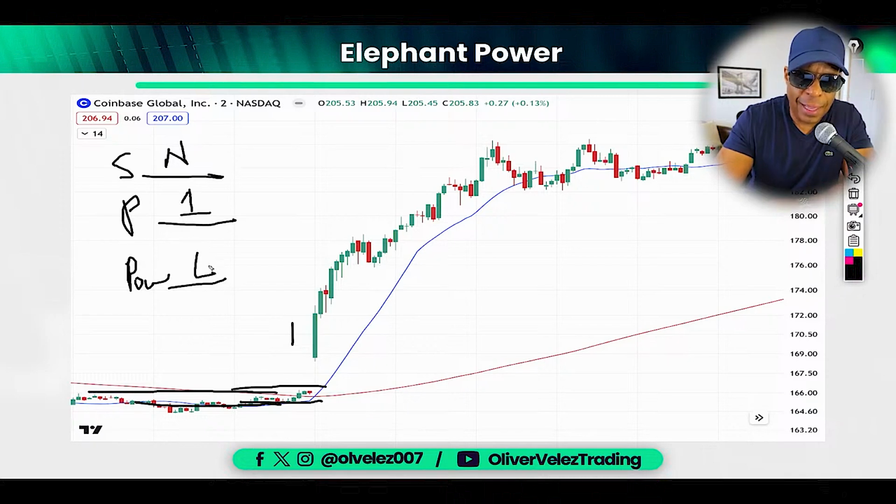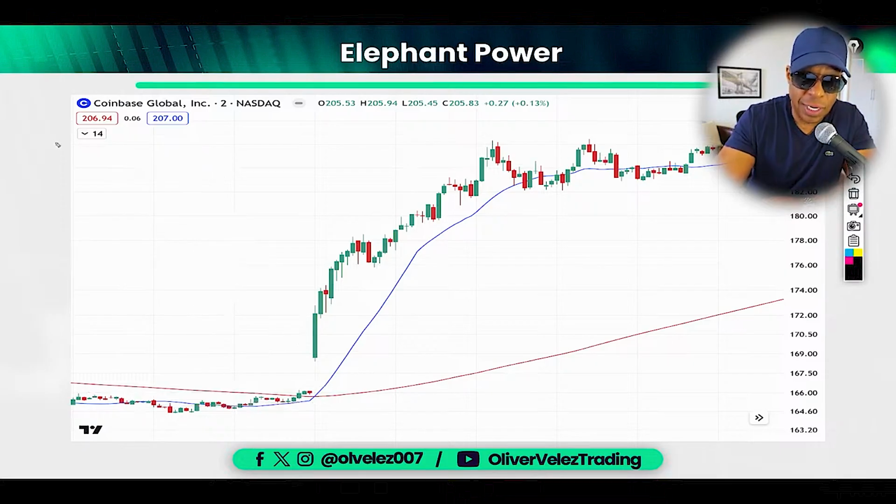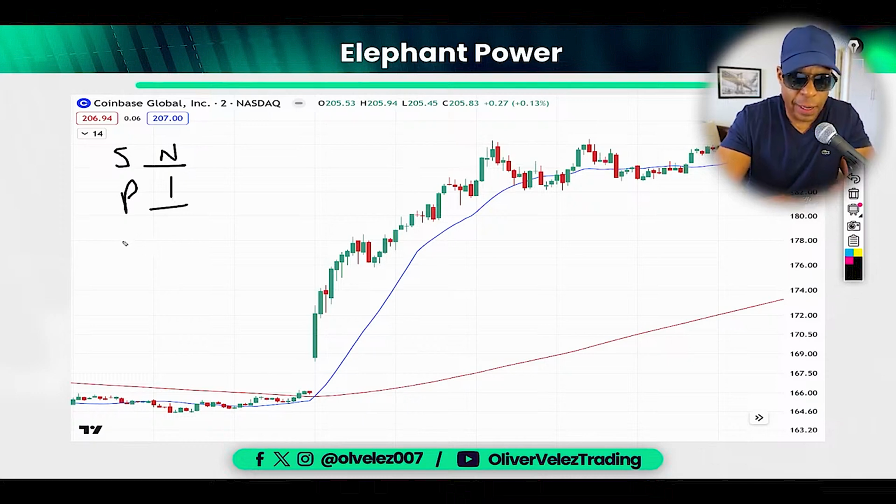Here I have elephant bar power. Then I'm looking for entry. I'm entering in the bar. That's called anticipation. And this is what I teach you guys. State is narrow. Position is 1. Okay?